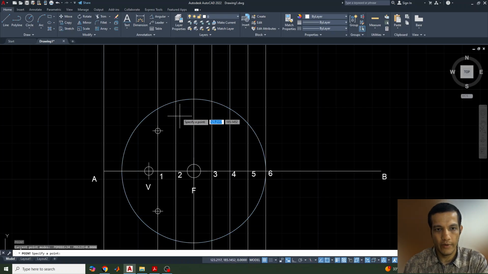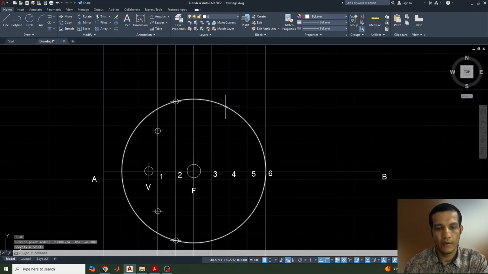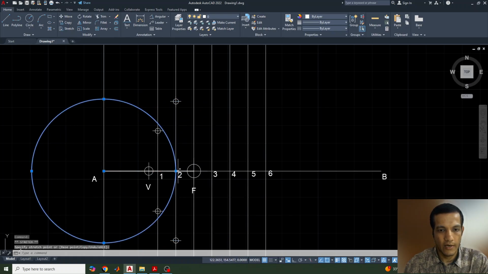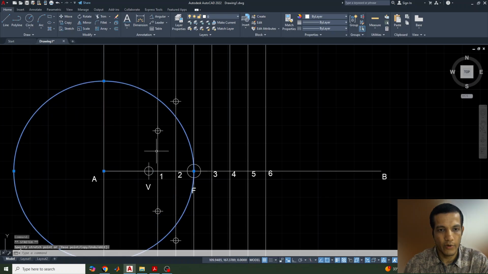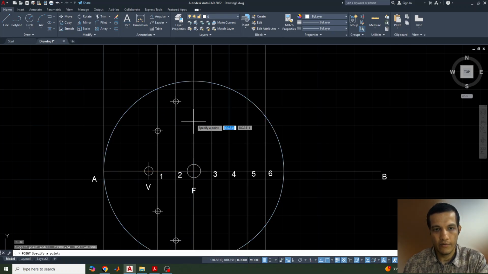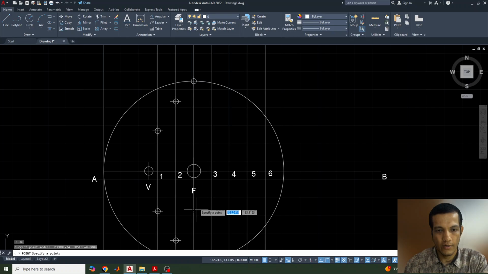So PO, enter, one on top, another at the bottom side. Next similarly we change the location, and we can give up to the F point, just drag it here, and we can give the point here.